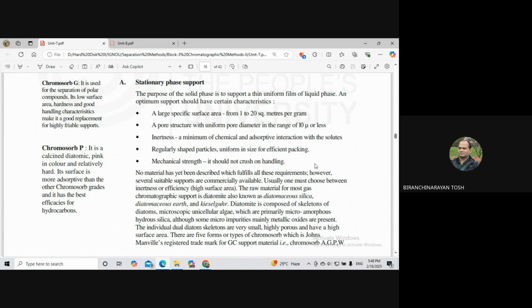The raw material for most gas chromatographic supports is diatomite, also known as diatomaceous silica, diatomaceous earth, or kieselguhr. So these are the clay or silica which is filled inside the column.